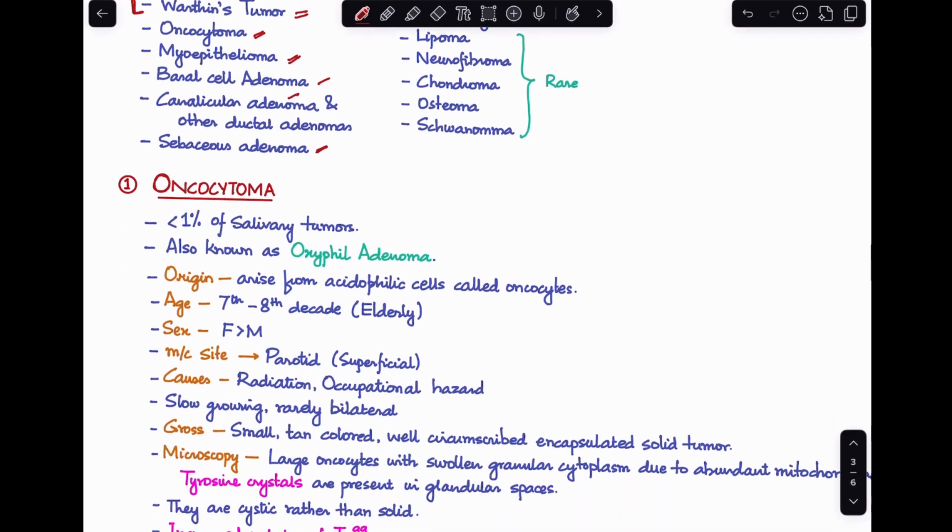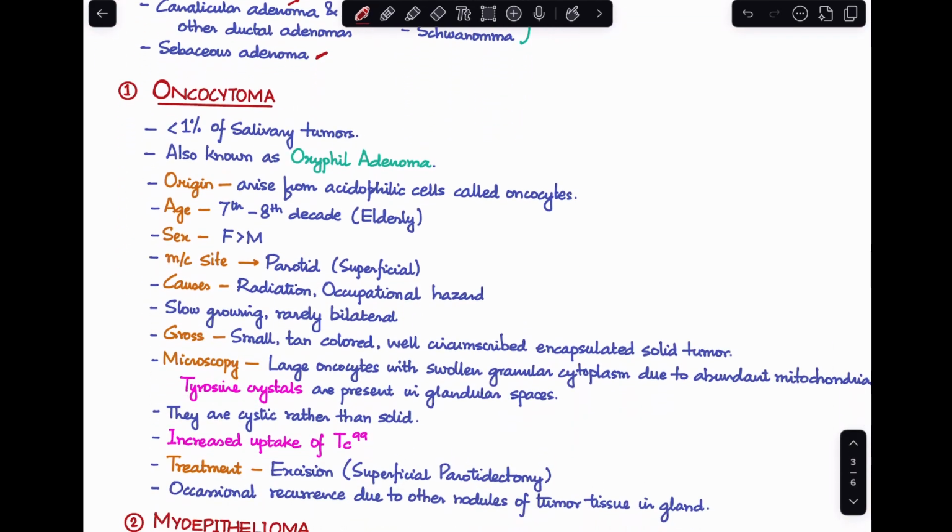So, first of all, is oncocytoma. Oncocytoma is a rarer tumor, about less than 1% of all salivary tumors. As I said, it is also known as oxyphil adenoma. Where does it originate from? It originates from acidophilic cells, which are known as oncocytes. That's why this is known as oncocytoma. Here, the age is a little higher than usual.